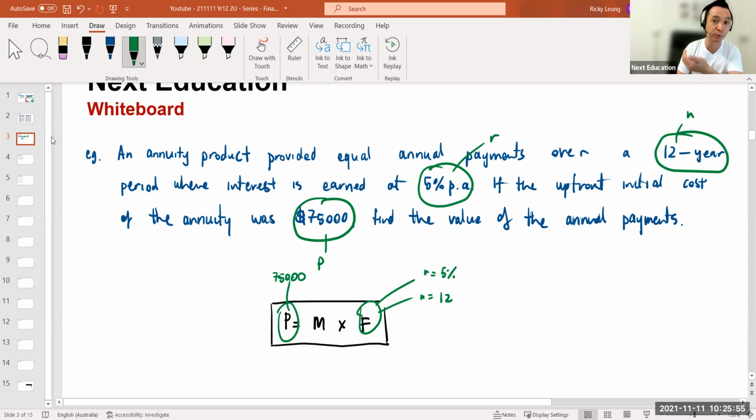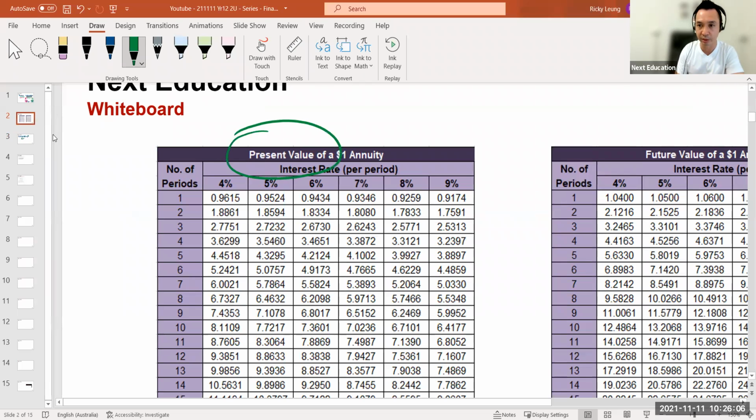Now, this is a present value product, not a superannuation savings. So future value, present value. The first thing you should identify to yourself is present value. So we're going to be using this table and not the future value. So is it 5%, 12 years, that's the value there, 8.8633.